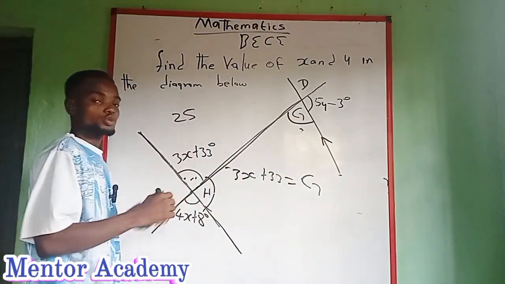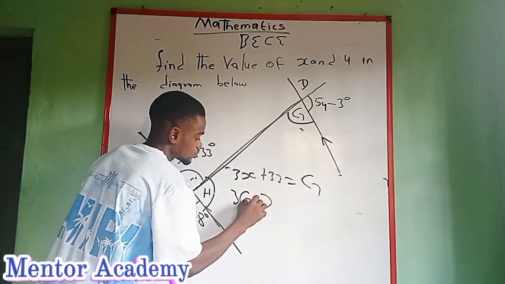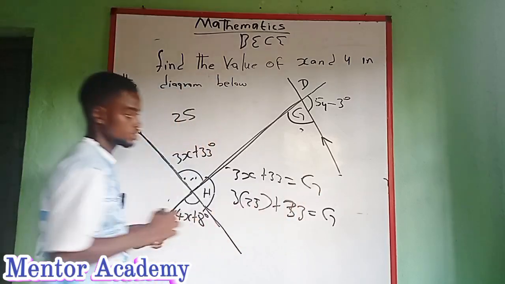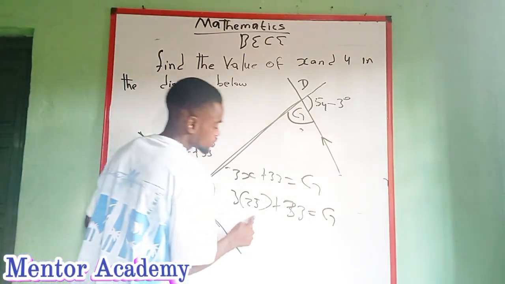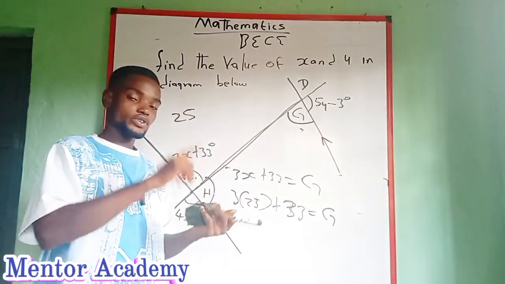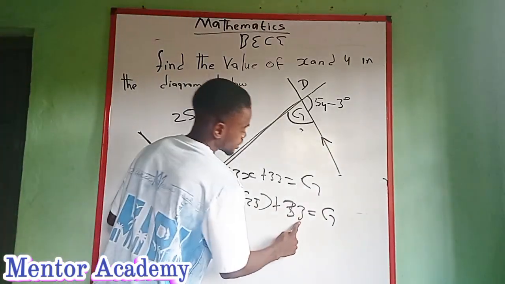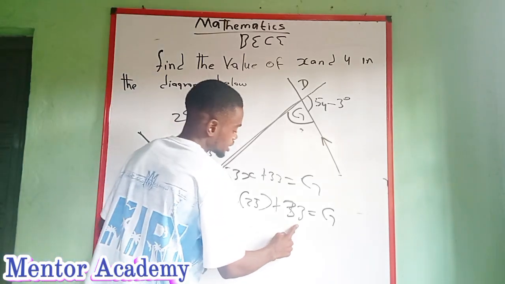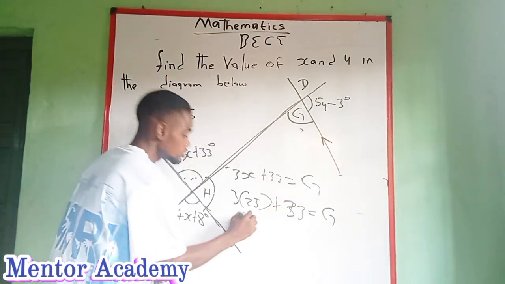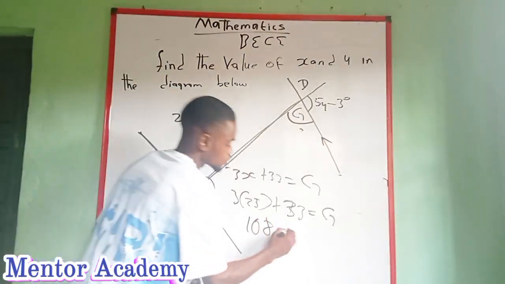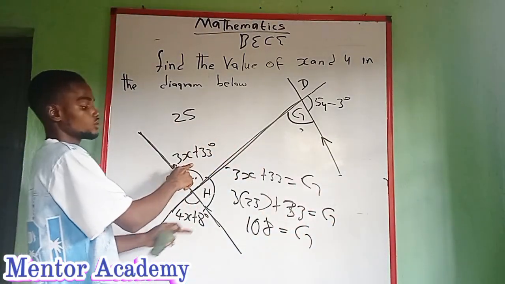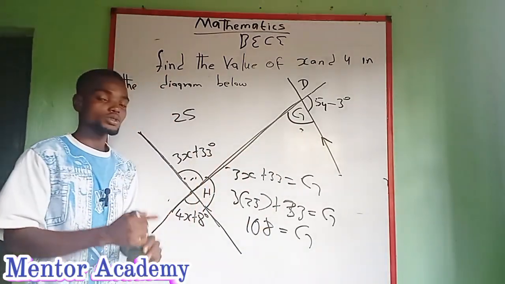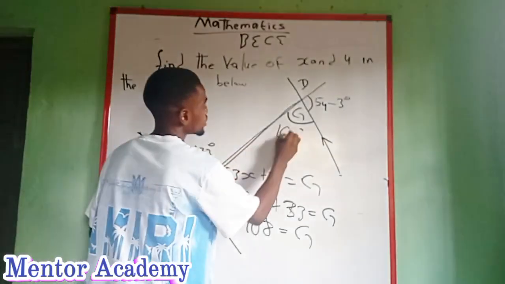Now s is 25, so 3 bracket 25 plus 33 equals G. 3 times 25 is 25, 50, 75. 75 plus 33: add 30 and 70, you have 100. Add 3 and 5, you have 8. So we have 108 equals G. So the total angle here is 108, and also the total angle here should be 108, because they are alternate to each other. So here is 108.